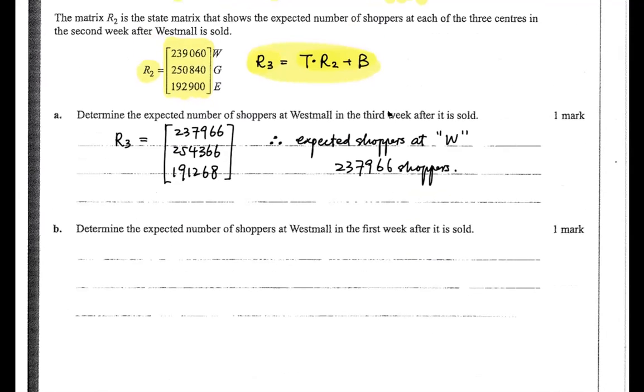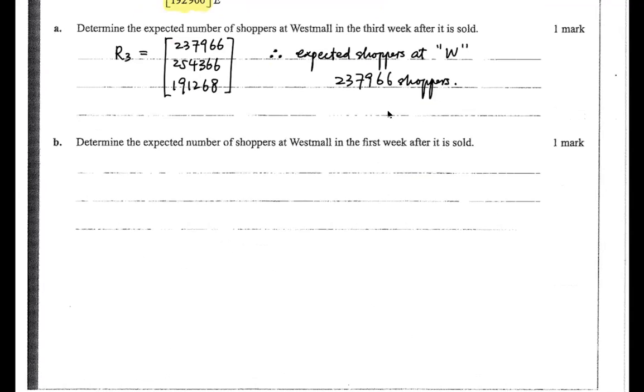Actually, in this case, we are trying to work backwards. So if I want to find R1, how does R1 relate to R2? It's actually T times R1 plus B, giving you the matrix R2. But now we want to isolate R1. So how can we achieve that target? Firstly, we want to get rid of the plus B. For example, do the same thing on both sides, okay?